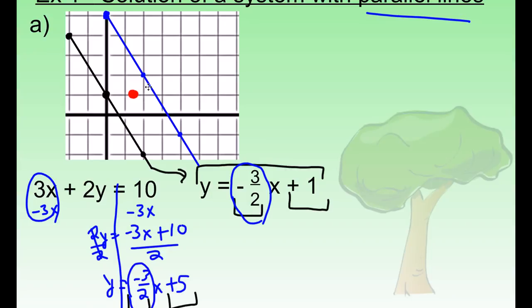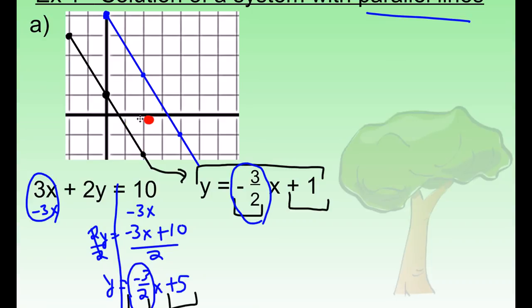This point is not on either line, so it's not true for either of them. If I put it on the blue line, it's true for the first equation, but not the second. If I pop it onto this black line, it's true for the second equation, but not the first. So where could I put a point that is true for both equations?